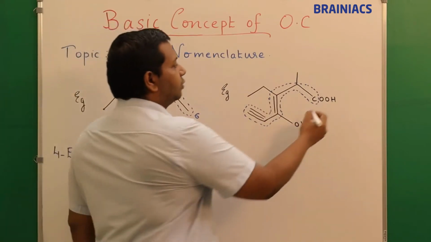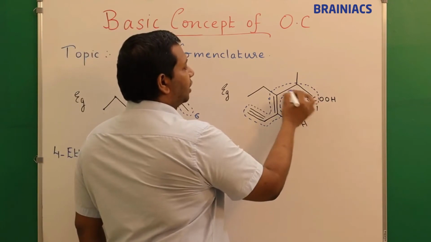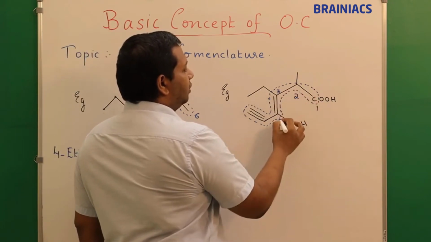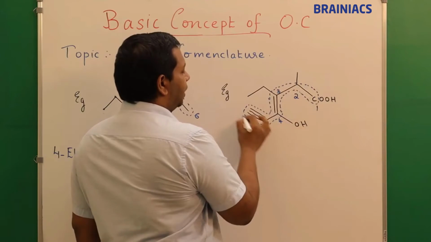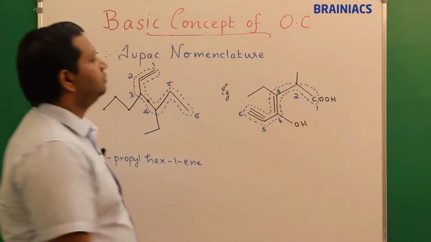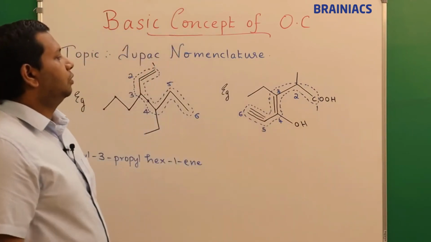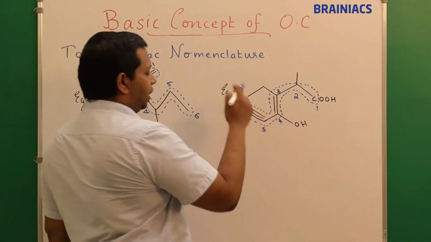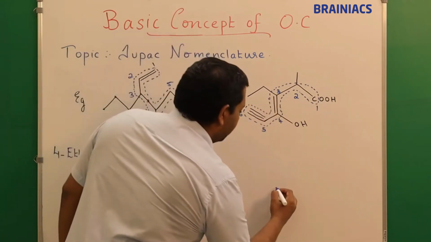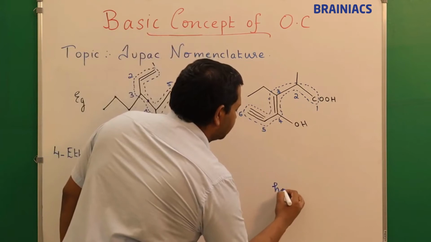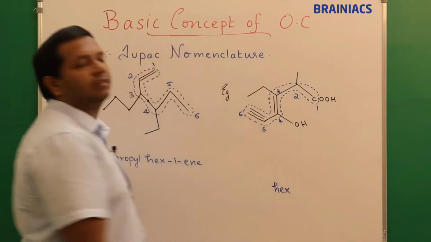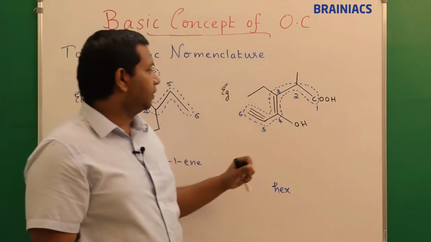Now how to name this? We will start numbering. So this is my first, second, third, fourth, fifth, and sixth carbon. Correct? So the parent chain has 6 carbon atoms, so it should be hex. Now primary prefix is not there, secondary prefix is there.